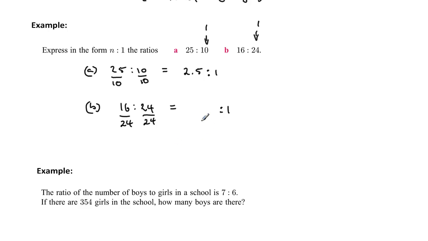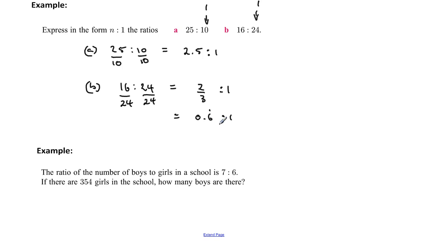And this side over here, if you simplify it down to a fraction, you could write it as 2/3 to 1, but it's clear that it's not going to round very nicely, so it's going to be a recurring decimal, so we would have to write 2/3 as 0.6 recurring to 1 in order to be accurate. I guess we could round this off and that would be fine. All right, but you'd need to say that it was rounded.